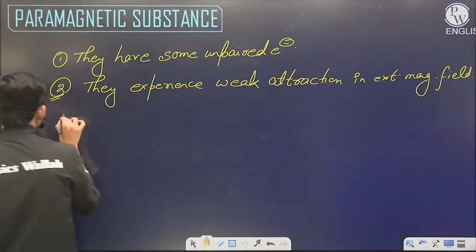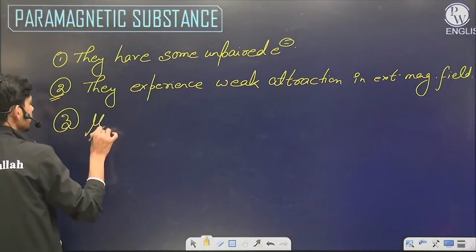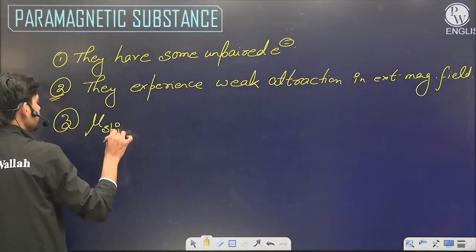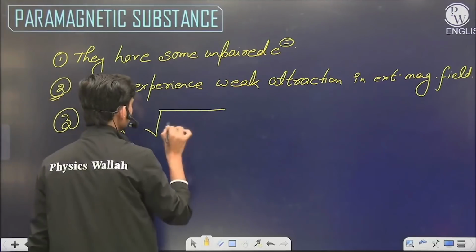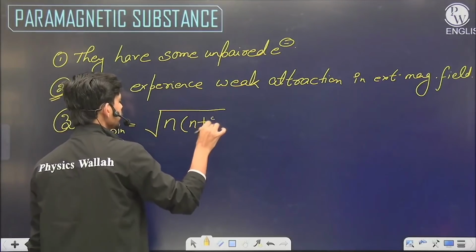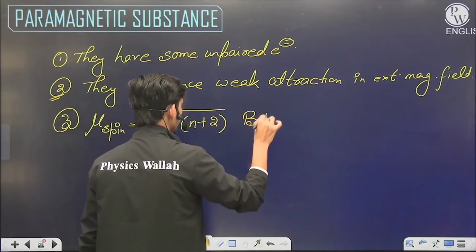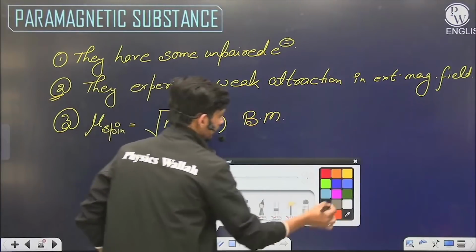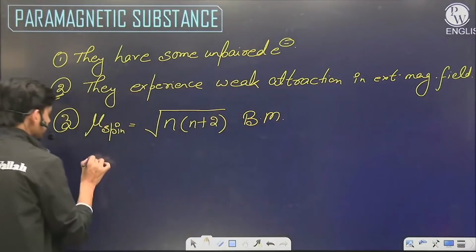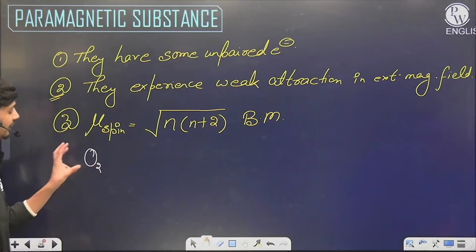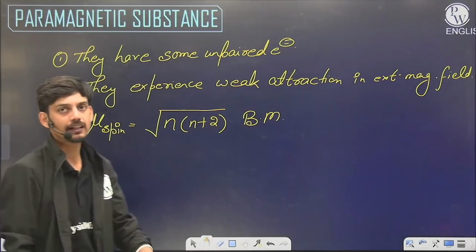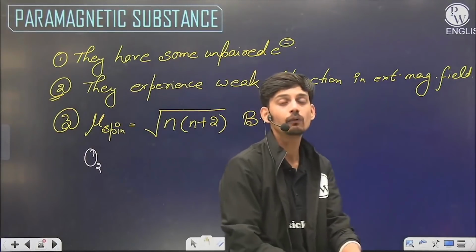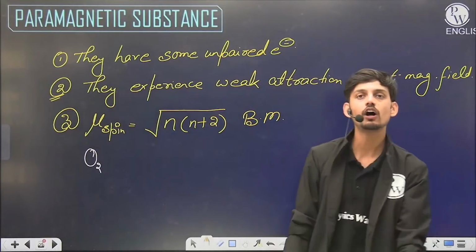Third thing, we can also find the magnetic moment of these substances by using the formula under root n into n plus 2 Bohr magneton. For example, if I take a paramagnetic molecule like oxygen, this is a very important example of a paramagnetic molecule because this can be explained only with the help of molecular orbital theory.